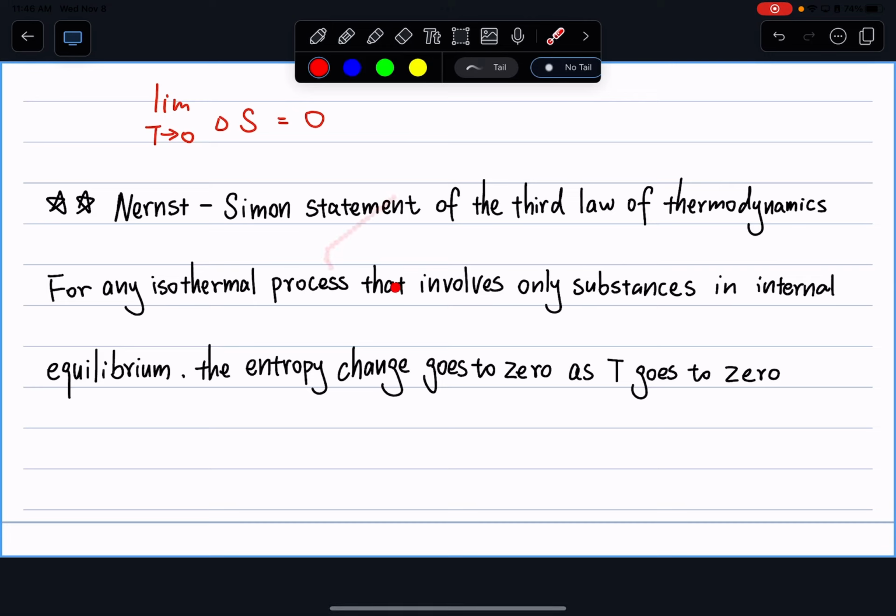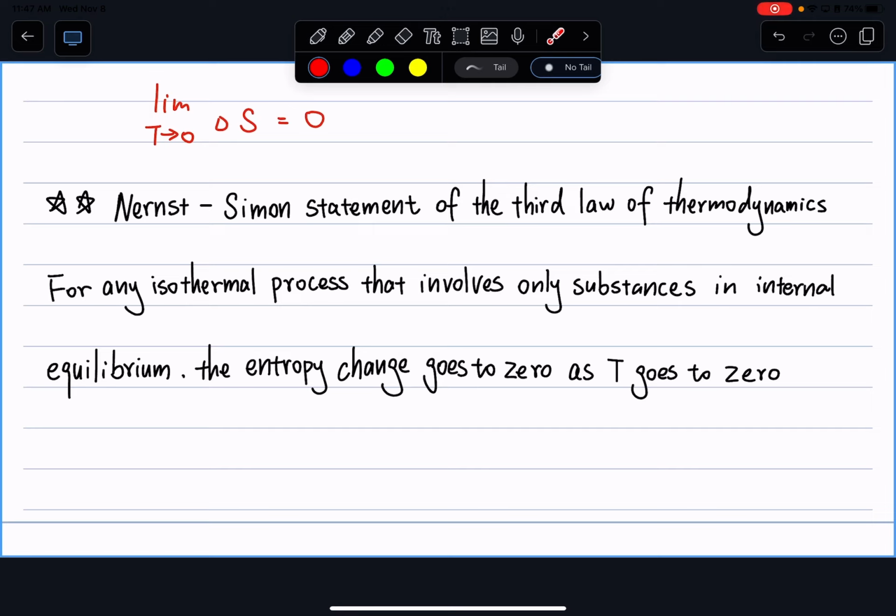Or the other way to state the third law of thermodynamics is the Nernst-Simon statement. That's where they first claimed the third law, that for any isothermal process that involves only substances in internal equilibrium, the entropy change goes to 0 when T goes to 0.